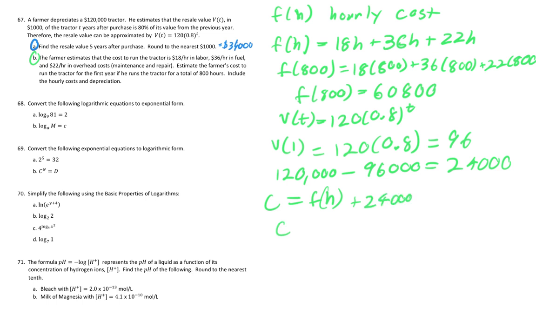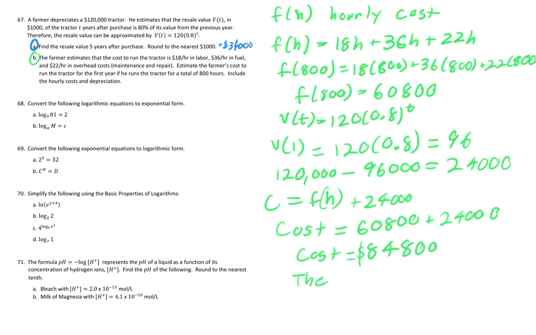So our cost is going to equal 60,800 plus 24,000. So our cost to run the machine in total is going to be $84,800. And this is the cost to run the tractor during the first year.